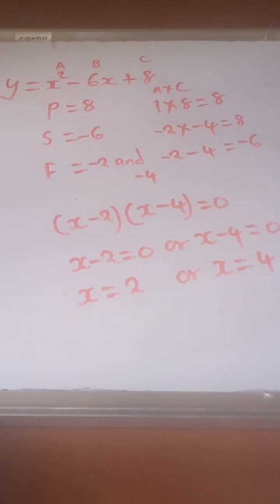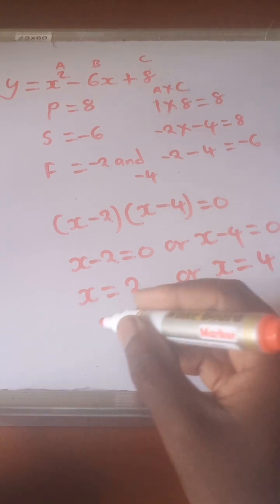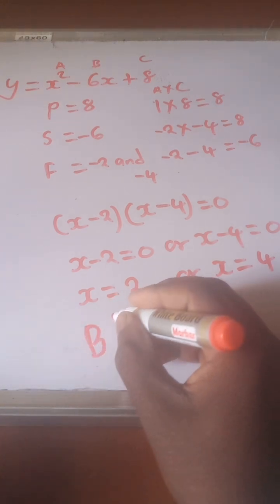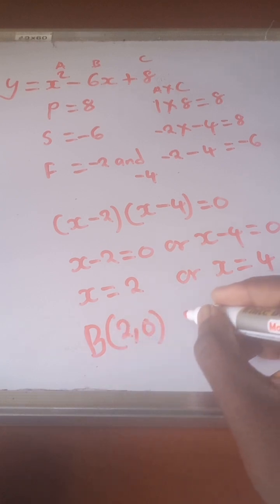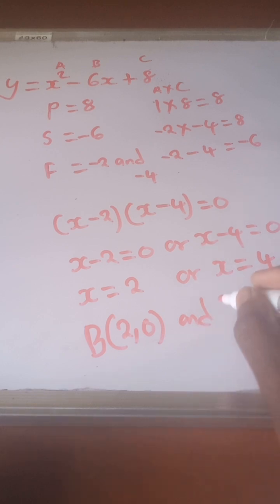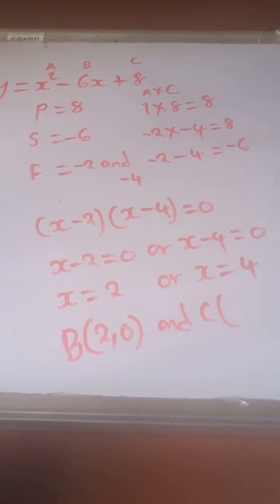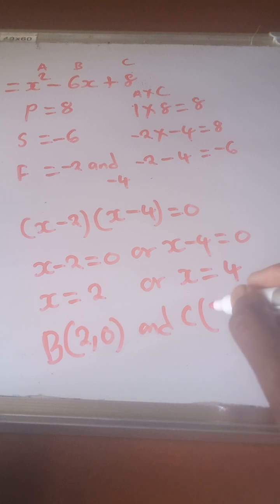You have seen? So since they want the coordinates of B and C, what I'll do, you write B, open, 2, 0, and C, you open like that, 4, 0.